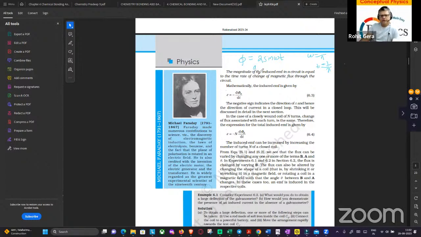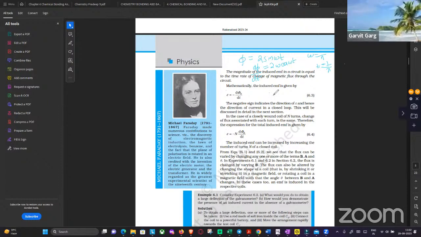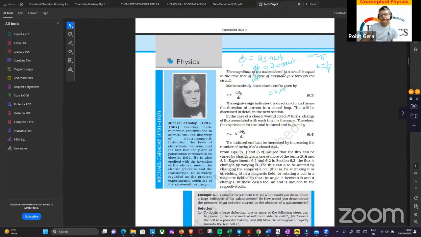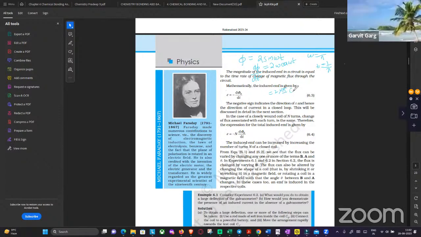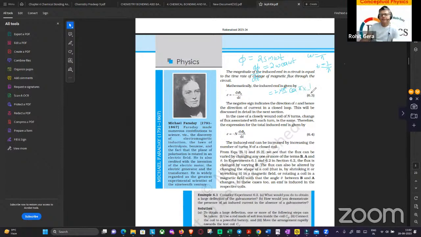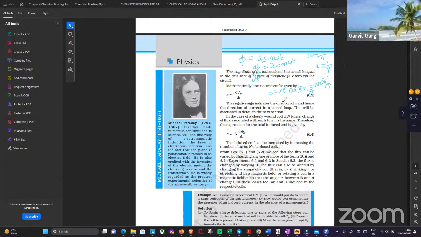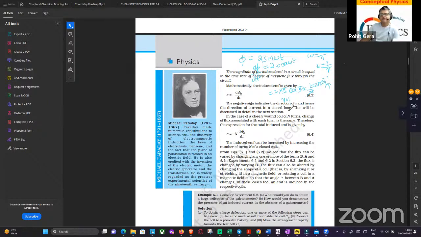You said no problem. d phi by dt is equal to 2 omega cos omega t. डेरिवेटिव ले लिया. तो लिख दिया 2 into 1 by 2 into omega is pi, cos of pi into 1 by pi, 2 pi cos 1. काफी cos 0 के पास ही है, तो probably ये 1 ही हो गया ऑलमोस्ट. आंसर आ गया. So these many volts, 2 pi volts is my answer.